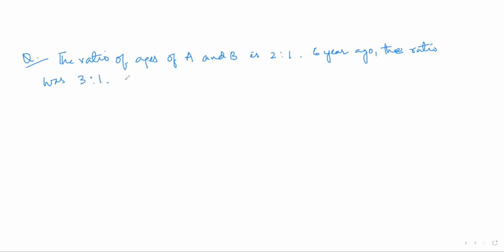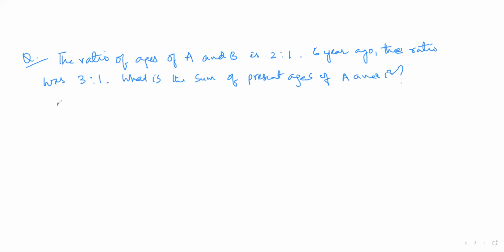Now, what is the sum of present ages of A and B?